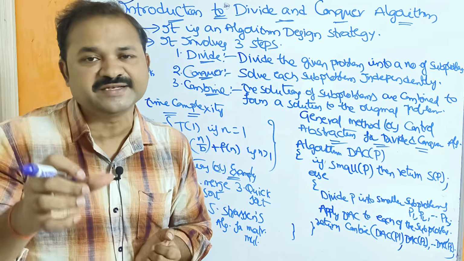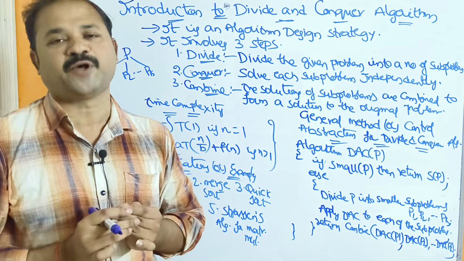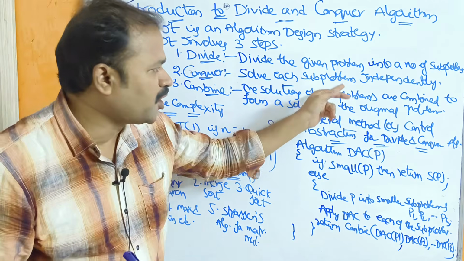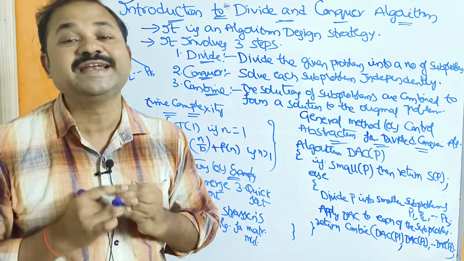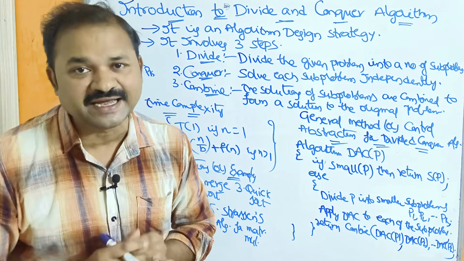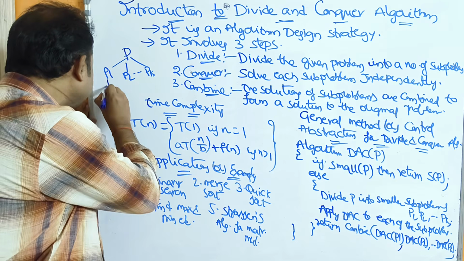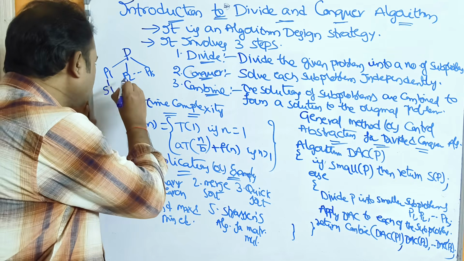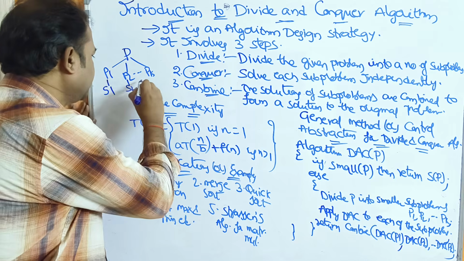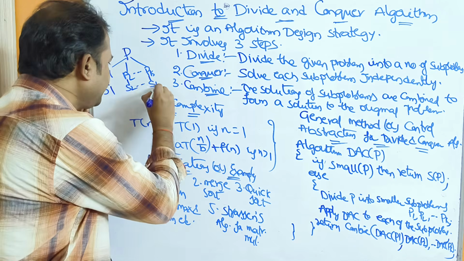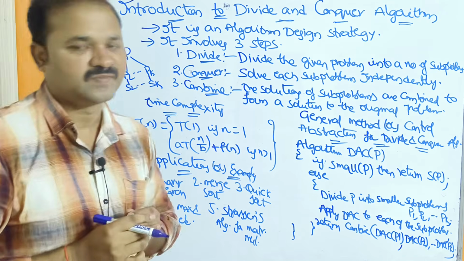So conquer means solving the sub-problem. Each sub-problem will be solved independently, separately. Let the solution for P1 be S1, the solution for P2 be S2, and likewise the solution for Pk be Sk.